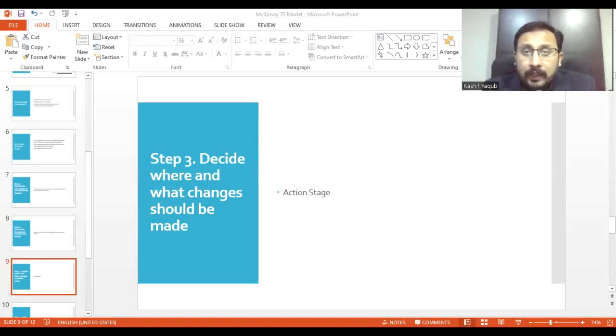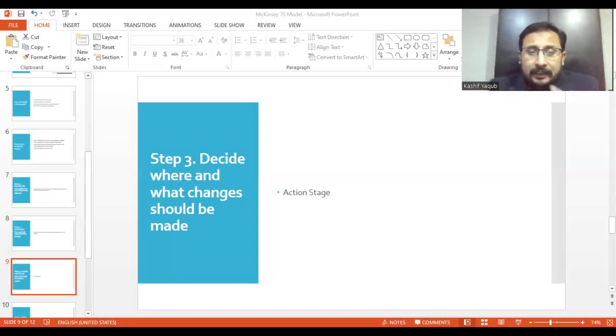What changes do you need? Which top managers should the company let go, or how can you influence them to change their management style, as the company is not working in that direction or is not achieving its objectives, which it should be, right? So this is the action stage.